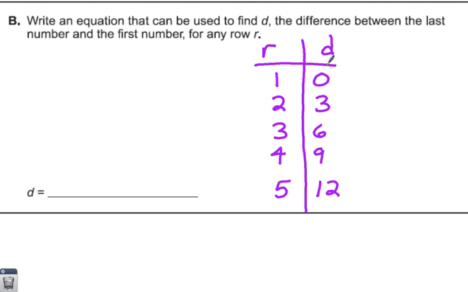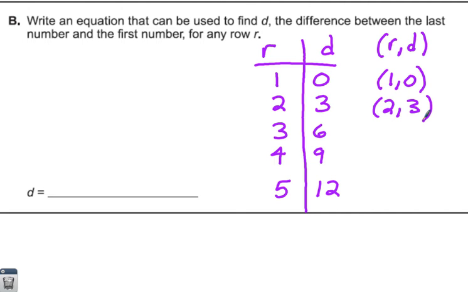I only really needed 2 pairs, all right? Which could literally be written as 1, 0 as like an R, D value. So I got 1, 0 and I got 2, 3. And you can always make an equation just from 2 ordered pairs. I don't even need the 3, 6, 4, 9, or 5, 12.